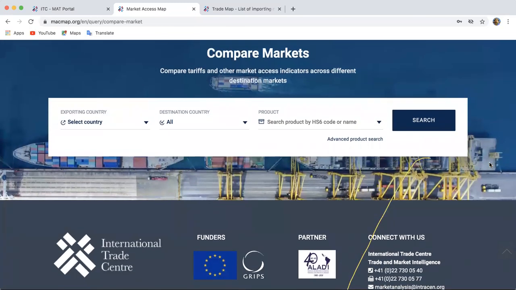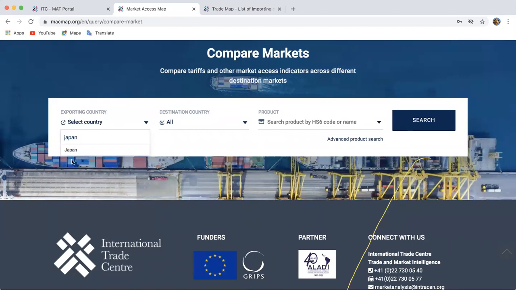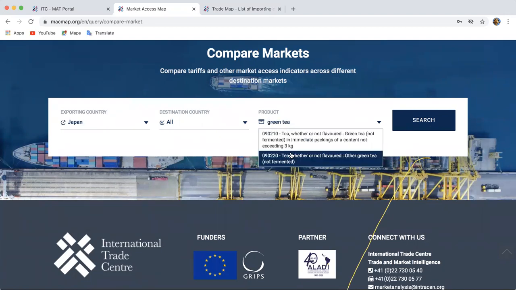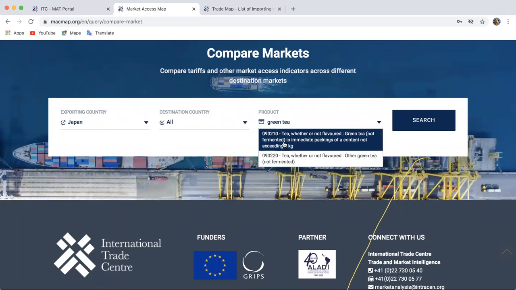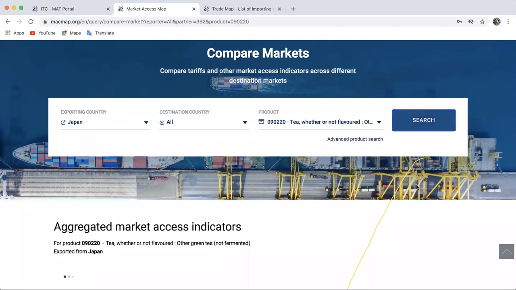So we want to compare markets because we are a Japanese exporter of green tea. So I'm exporting from Japan to all destination countries for green tea. And we want it to be more than 3 kilos. So voila, we go there.